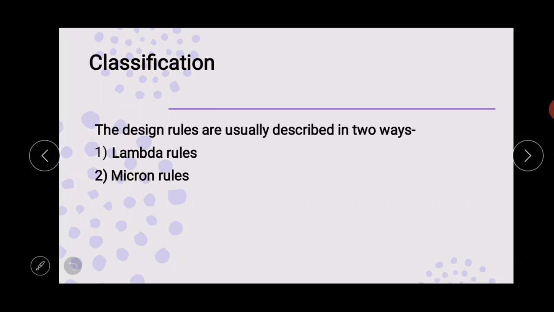There are other design rules based on absolute values, that is micron rules. So, lambda rules specify the layout constraint in terms of a single parameter, lambda, and micron rules specify the layout constraint in terms of absolute dimensions in micrometers.